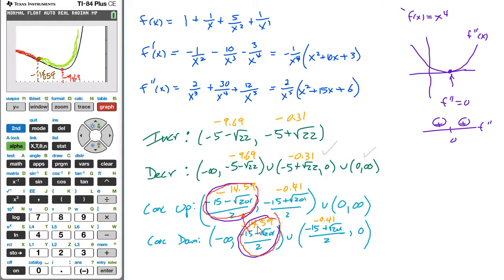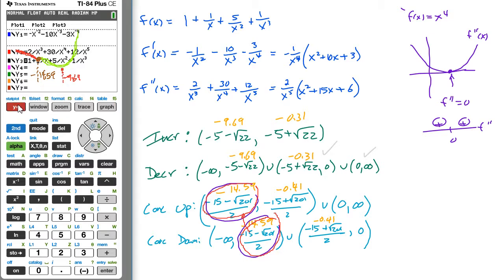Put the second derivative into your y equals menu, which was right here. Sorry, let me clear some of that drawing here. Okay, so the second derivative was here. We made a table, and we showed, using the table and making my delta x 0.1, that we were actually transitioning concavity at this point.